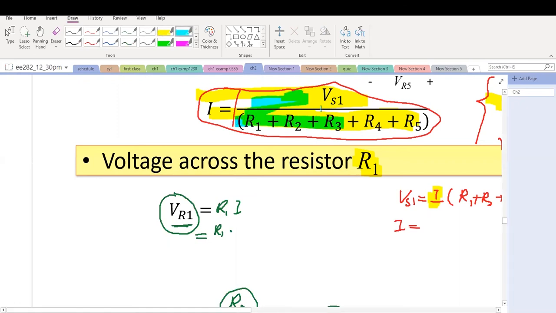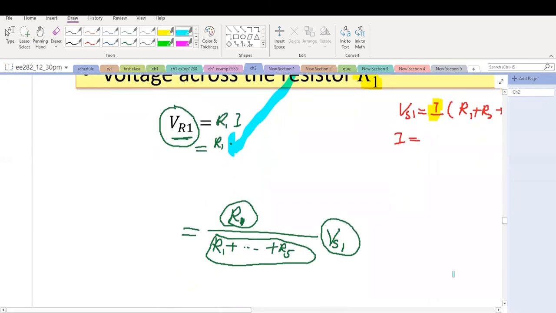You can see R1 multiplied by this. I can organize this term a little bit. I take the VS1 out. It becomes R1 divided by R1 plus R2 through R5.